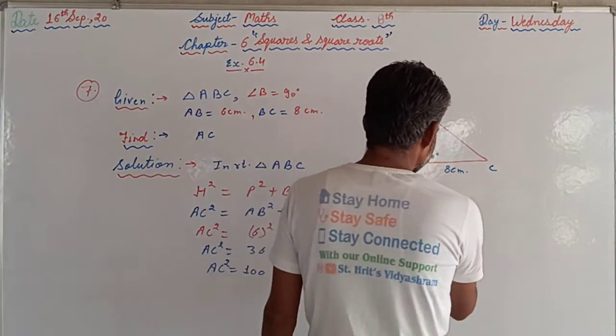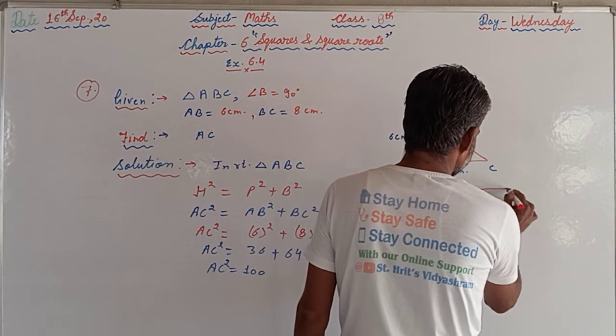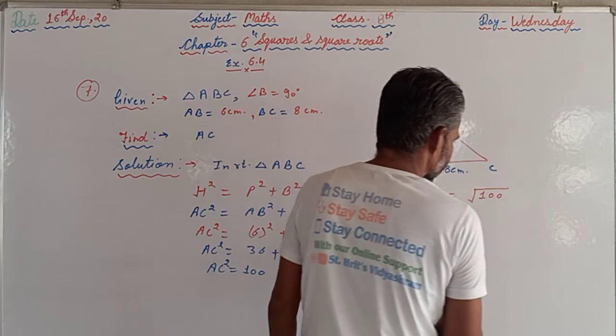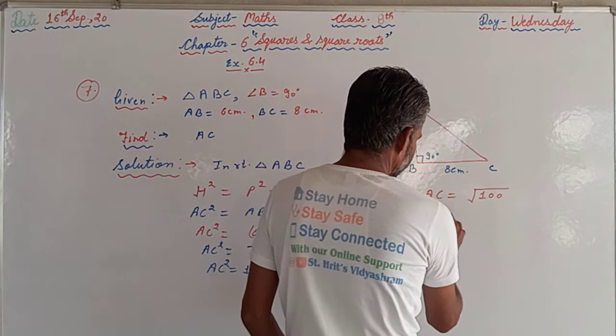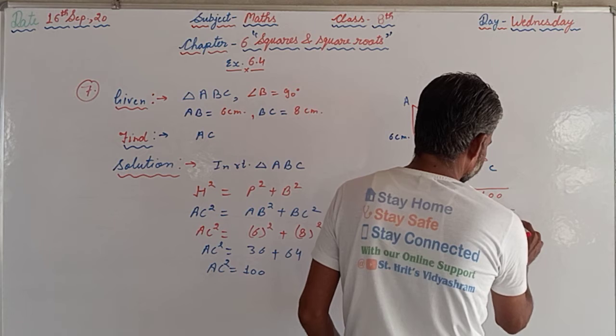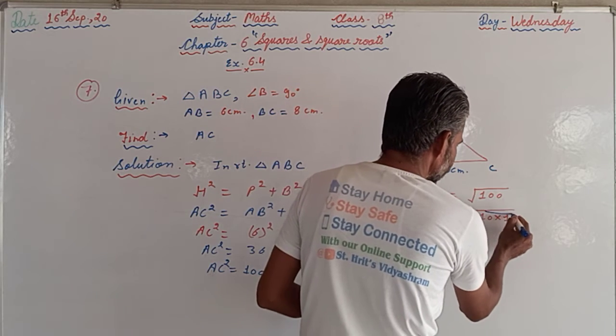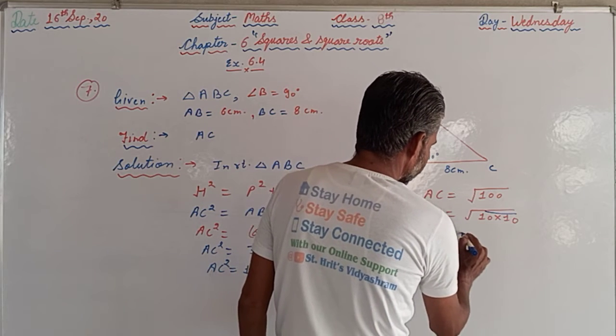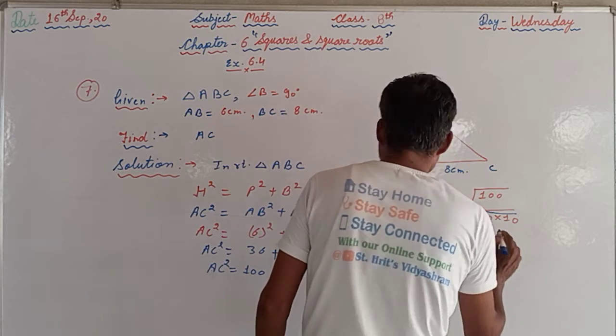So we have to find AC. AC will be equals to under the root 100, and 100 can be written as 10 into 10. So one pair is there, so AC will be equals to 10 centimeter.